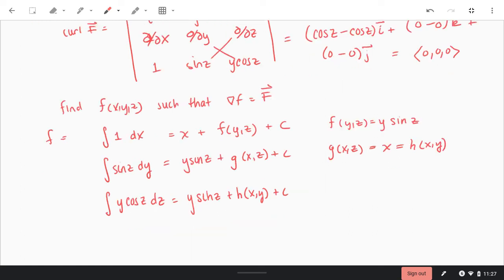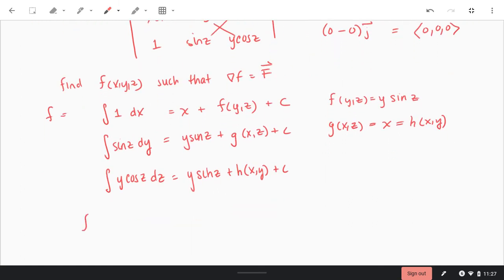So we've got everything accounted for. So f, that lowercase, will be x plus y sine z plus some constant. All right, that's your curl for you. That's the basic idea there for curl.